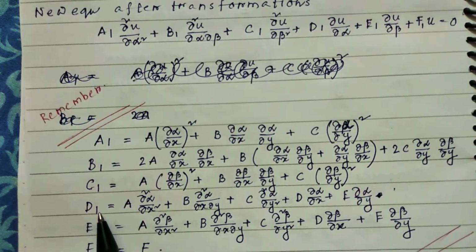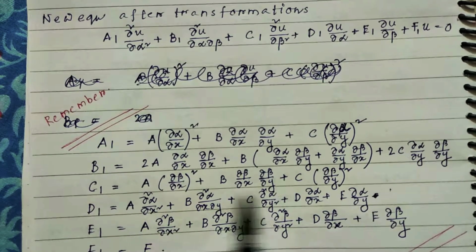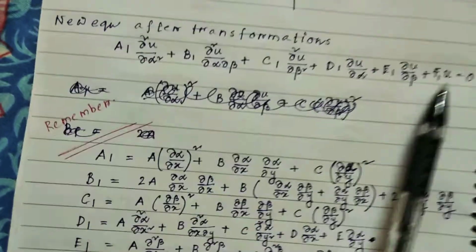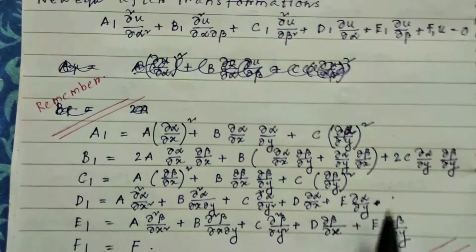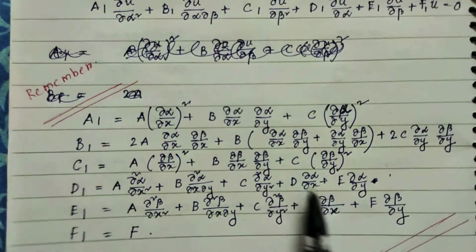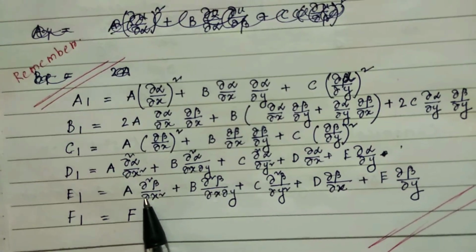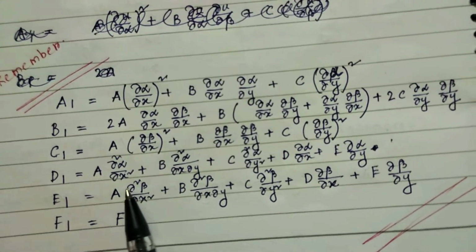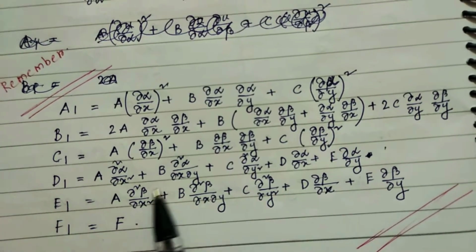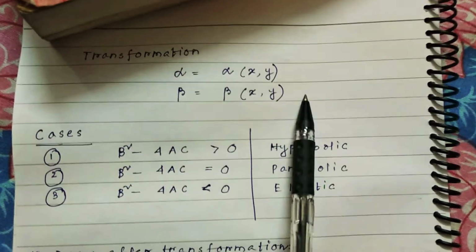Similarly, d1 is the whole equation with respect to alpha. Obviously the f term is not there, just del alpha del y, del alpha del x, del 2 alpha del y2, and in the same way the partial derivatives with respect to x and y of beta. Alpha and beta are functions of x and y.